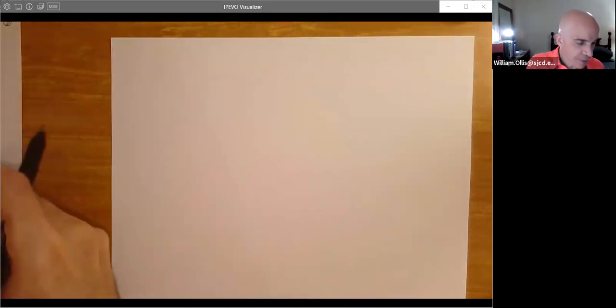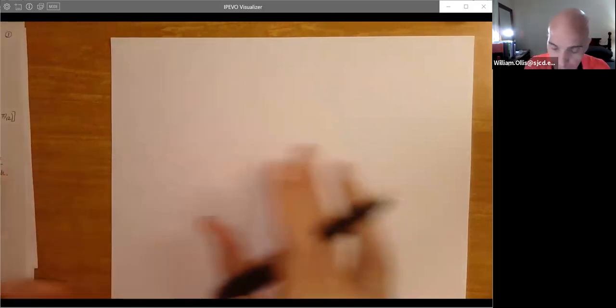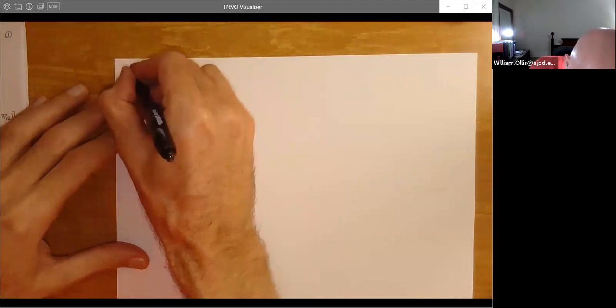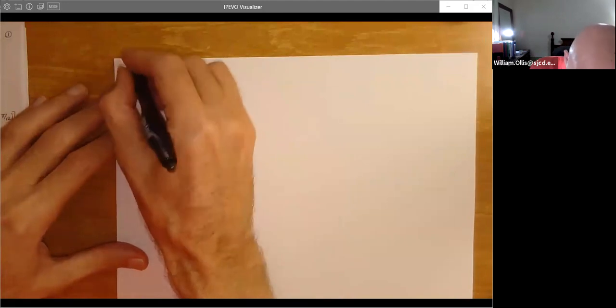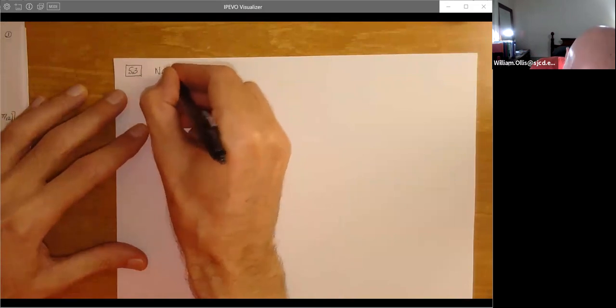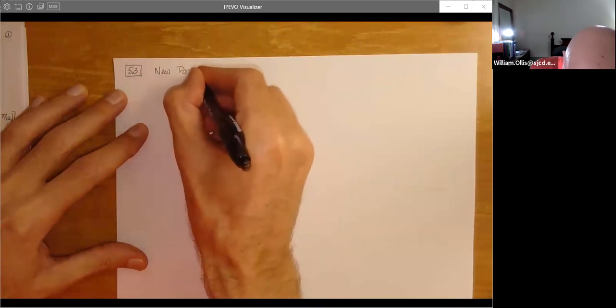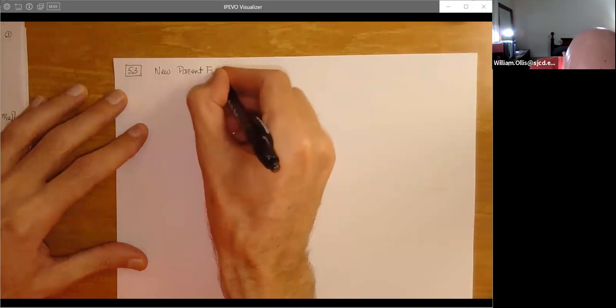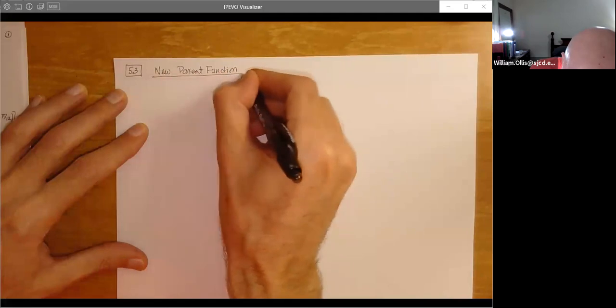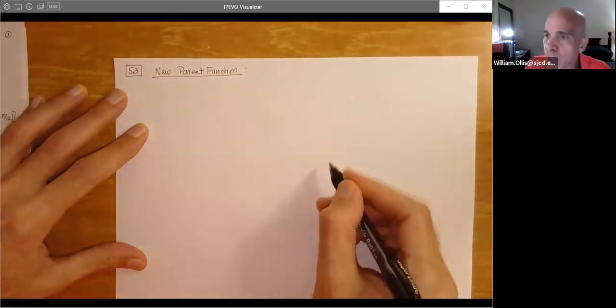It's a good book. Now, what we want to do is say a little bit about some basic trig graphs. We're going to start with the cosine. Now, we have what we call a new parent function, and this is easy. Now, when you think about it, the cosine function as it exists is 2 pi periodic.